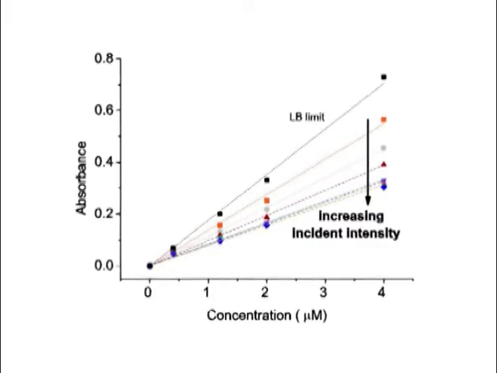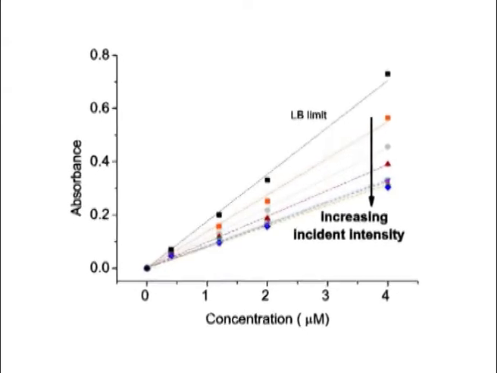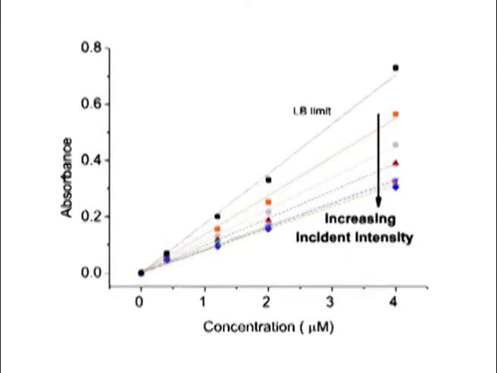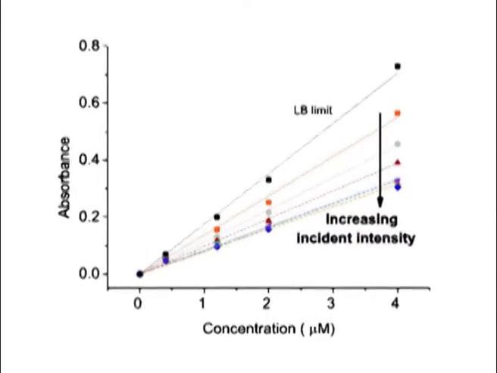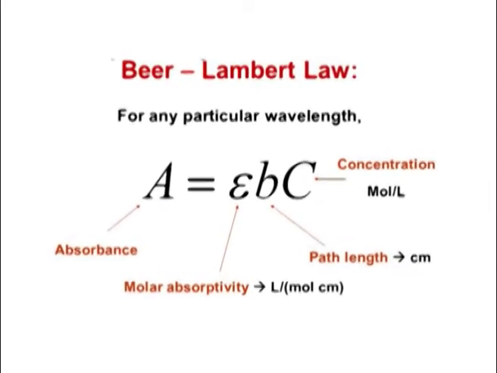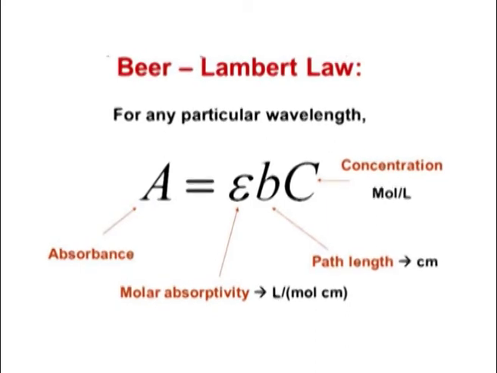Many molecules absorb ultraviolet or visible light. The absorbance of a solution increases as attenuation of the beam increases. Absorbance is directly proportional to the path length B and the concentration C of the absorbing species.